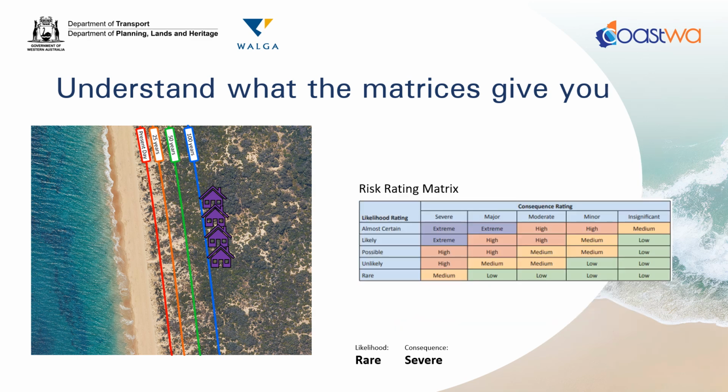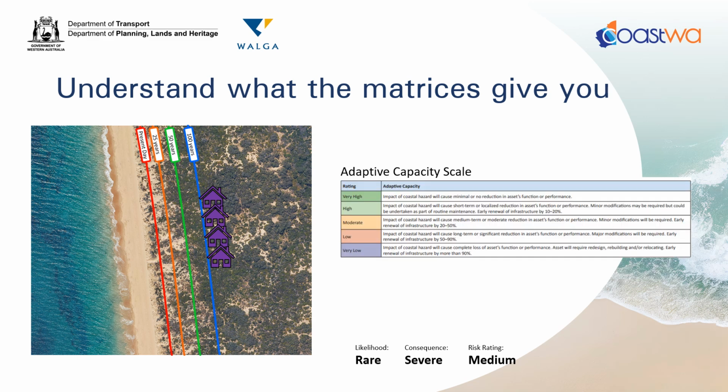When we look at the risk rating matrix, we have a rare likelihood and we have a severe consequence, and that gives us a medium risk rating. Looking at the adaptive capacity scale, the way that it's assessed is that there's a very low adaptive capacity because these are slab on ground after all, so there's no ability to respond to coastal erosion.